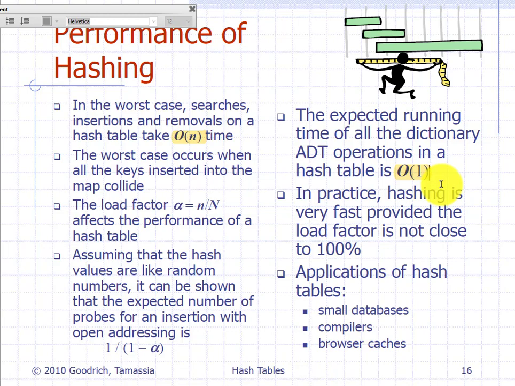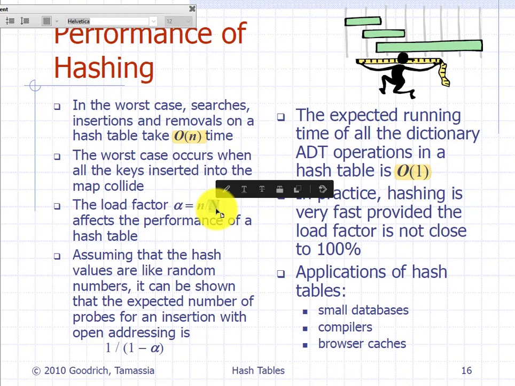Something to keep in mind is the load factor when you're busy designing hash tables. You've got to take into account the number of keys and the size of the hash table, the ratio there. The number of keys is expressed as small n, and big N is the size of the table. The reason for this is that the larger the array and the smaller the number of keys, the greater the probability of it being dispersed uniformly.